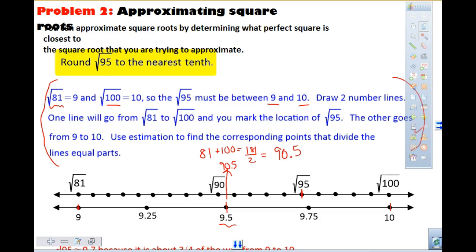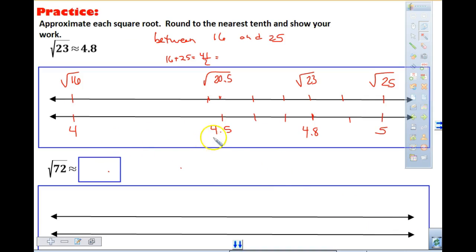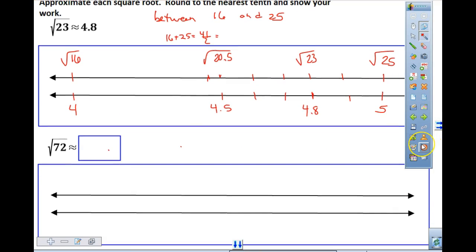What two perfect squares is 72 in between? 64 and... 64, so we're going to go square root of 64, right? And up here, we're going to have the square root of 81. Put below what integers those are. We have 9 and we have 8, right? So we know this has to be 8 point something, right?